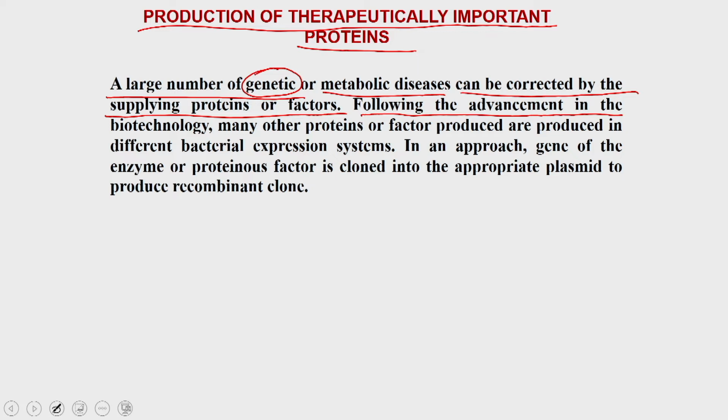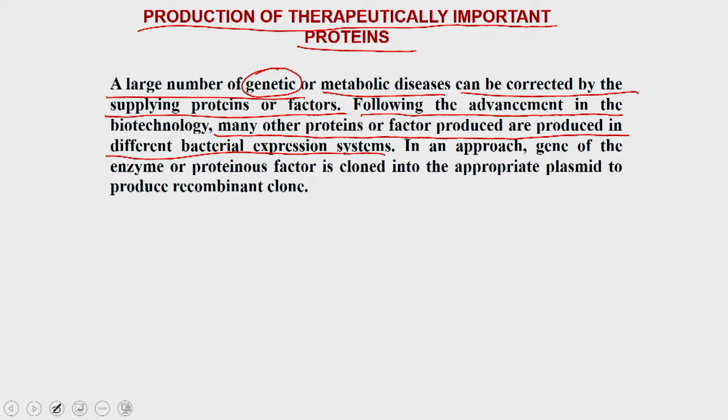So, what you are supposed to do is produce that protein or factor in a bacterial expression system, and then supply these proteins from that system in an artificial way, which means you have to supplement the enzymes that drive the metabolic reactions.